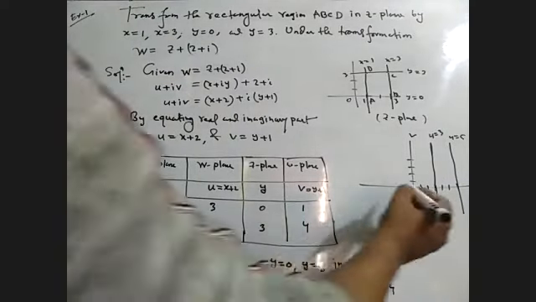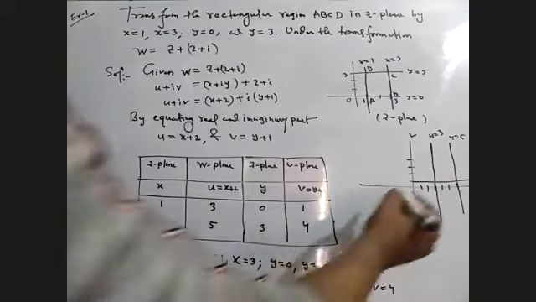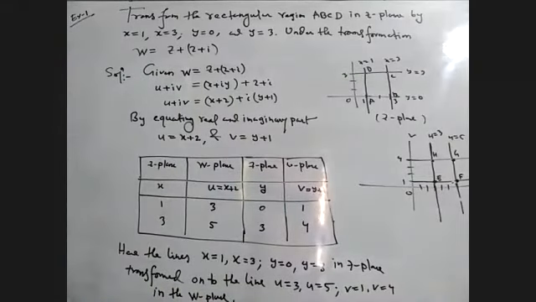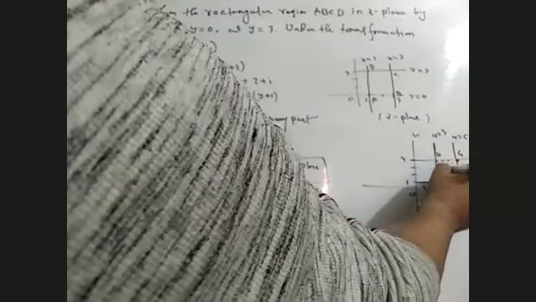Now v equals 1 is parallel to the u axis, and v equals 4 is the line above it. So this is the transformed region of ABCD. This is the image, EFGH, in the W plane.